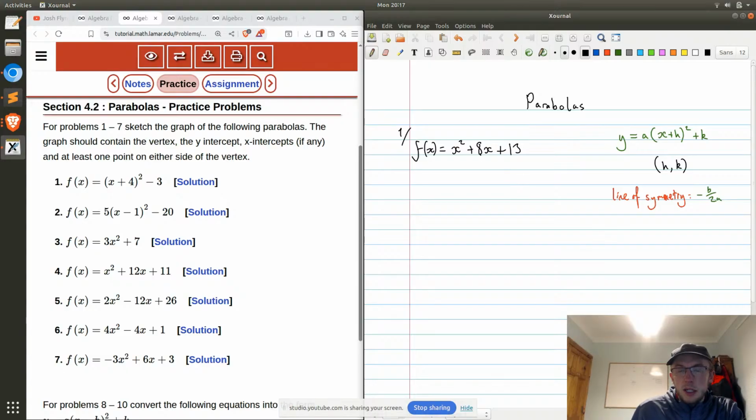And so the line of symmetry would be negative 8 over 2, which is negative 4. So that establishes the x-coordinate. The x-coordinate would be negative 4.